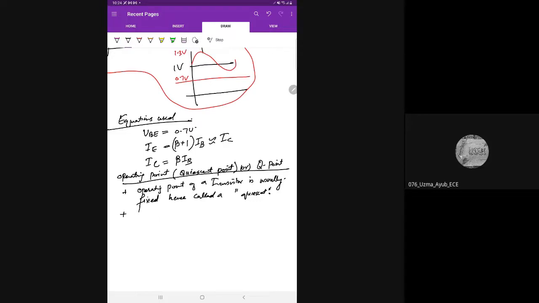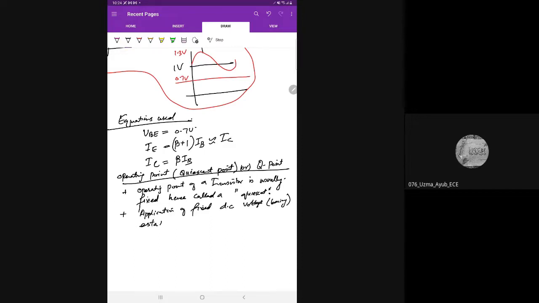And then you have application of fixed DC voltage, which is known as biasing.